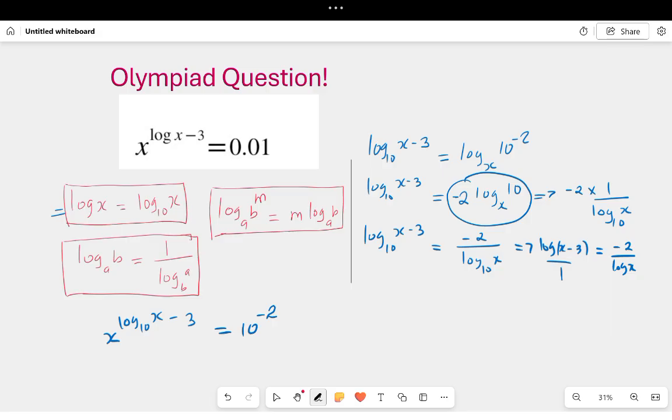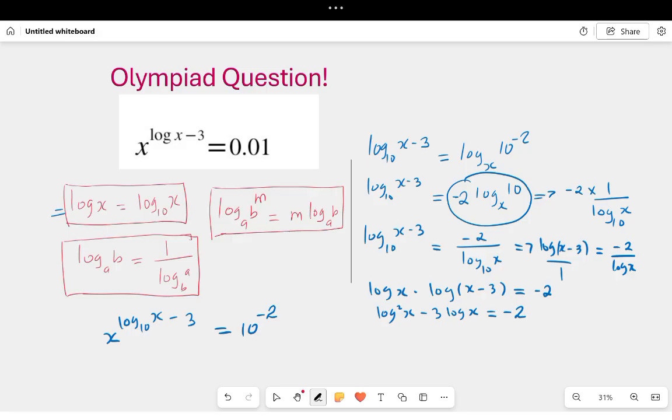So this is going to be log x, you multiply by the logarithm of x minus 3, which is equal to negative 2. Now, opening the brackets here, we are going to have logarithm squared x minus 3 log x equals negative 2.